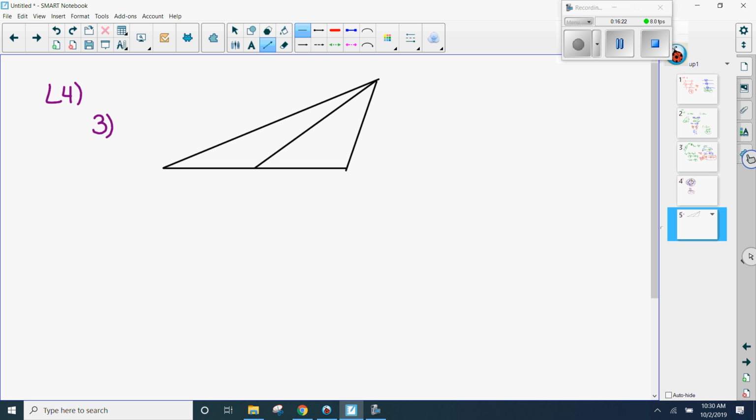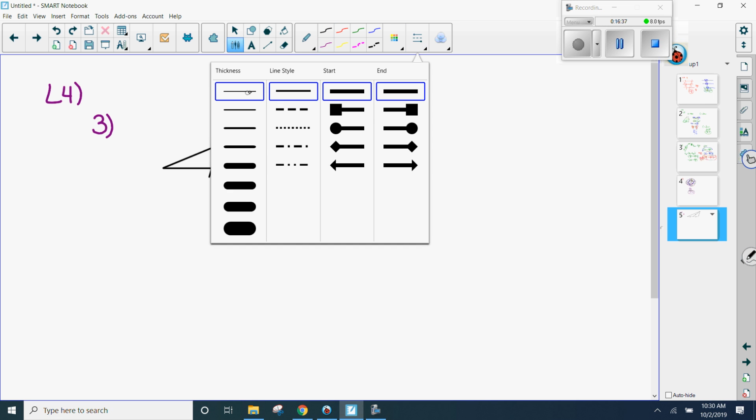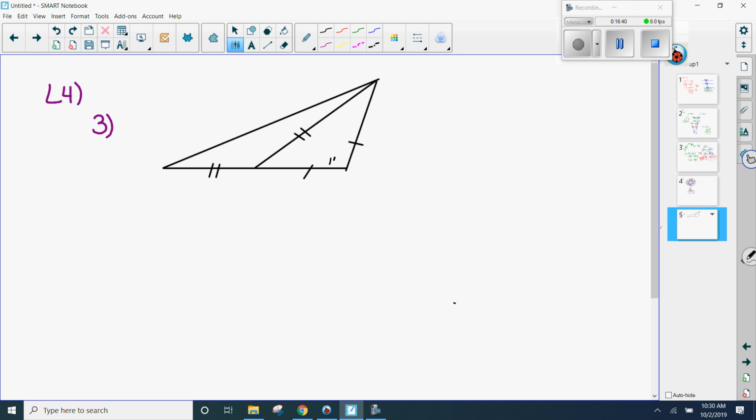They have some equivalent sides equal to each other. This piece equals this piece, and those two pieces are equal. Then they tell you that you have 100 degrees right there. You have X, Y.